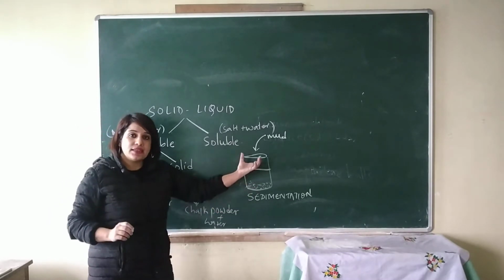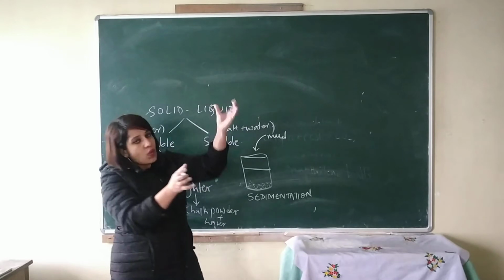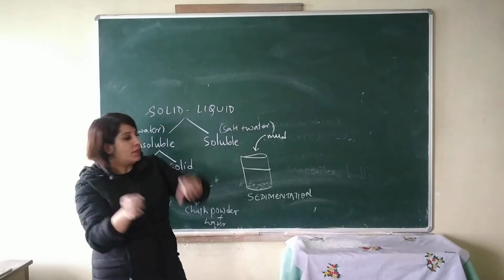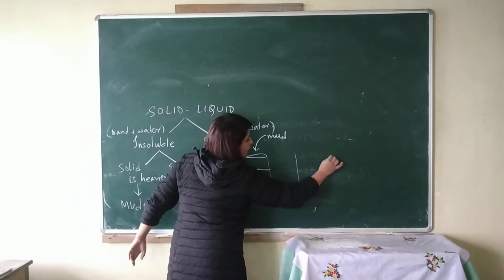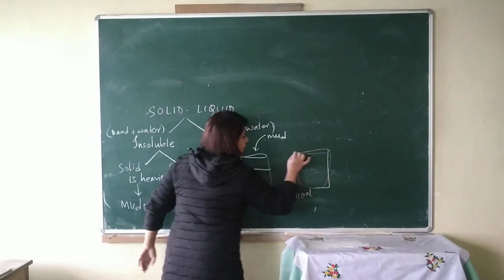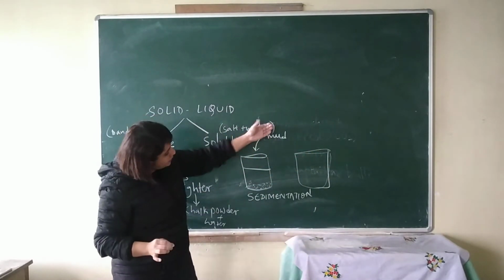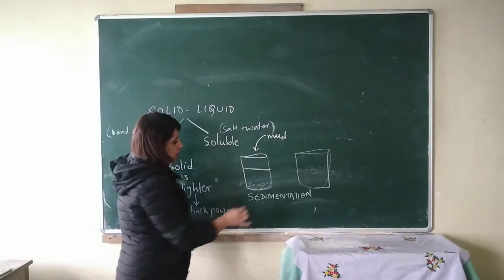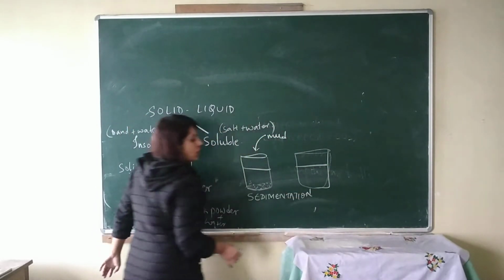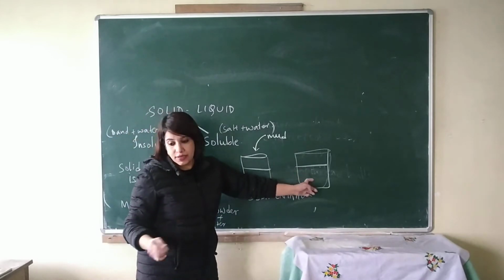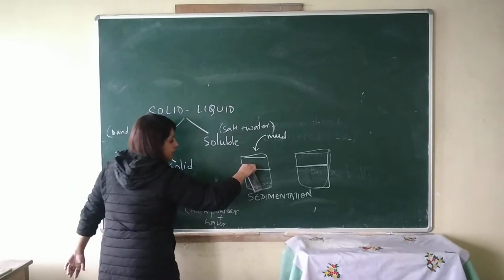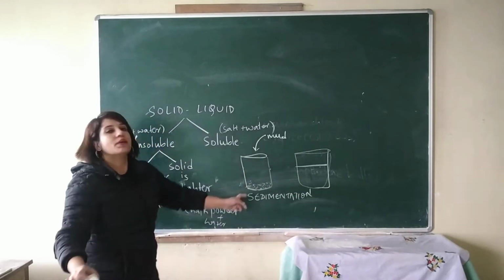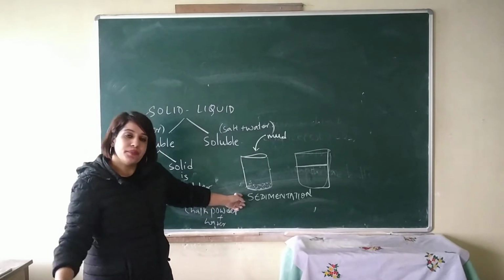Now, I can take this beaker and slowly pour it into another beaker. So, I take another beaker, I pick this up and without disturbing the mud particles, I pour it here. Here, we'll get clear water, and in the first beaker, only the mud particles are left behind.